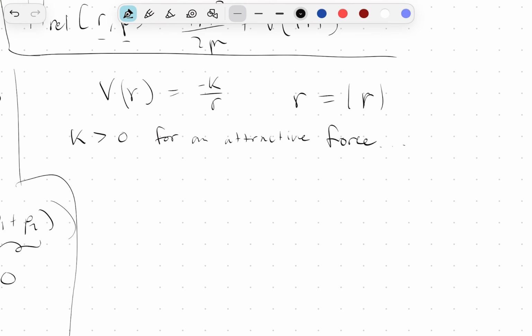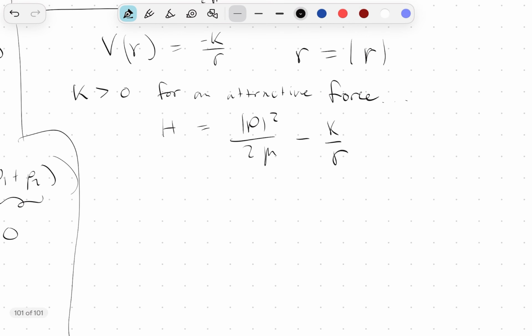Okay, so the reduced Hamiltonian is the kinetic energy plus the potential energy, which is attractive. And there's an obvious rotational symmetry because that we assume.